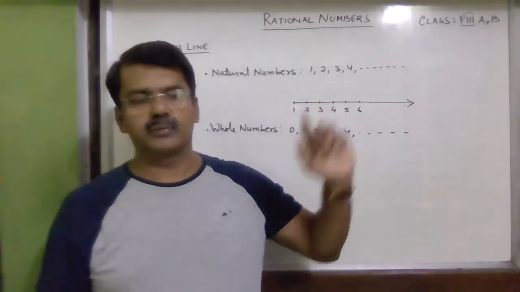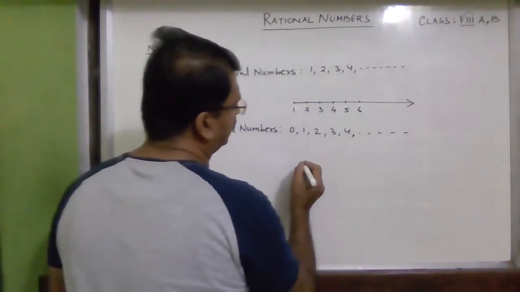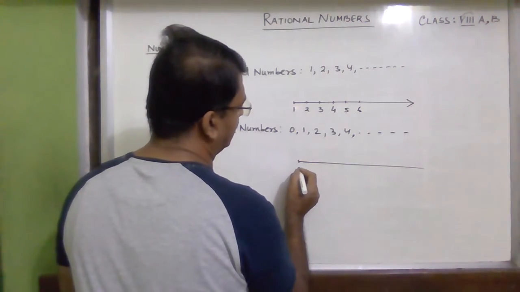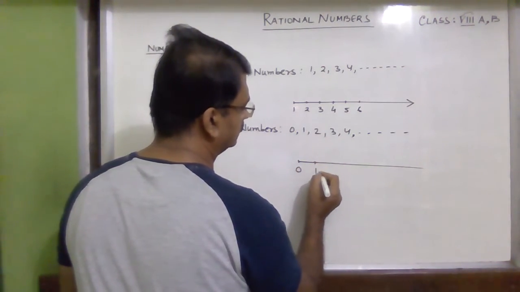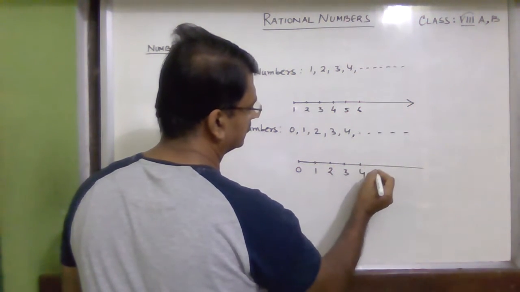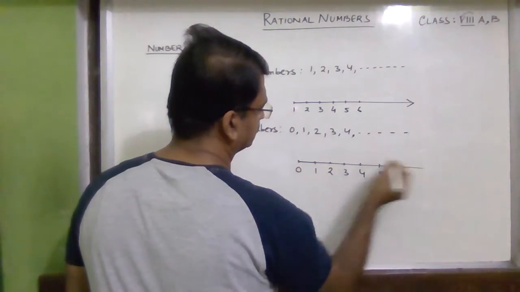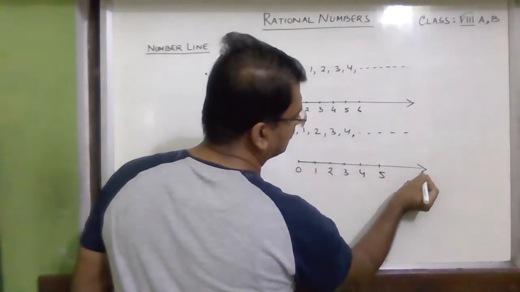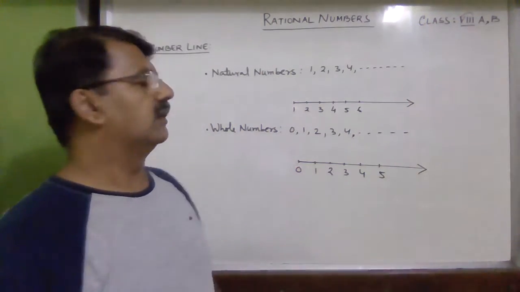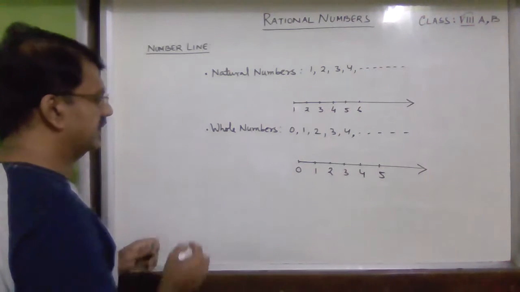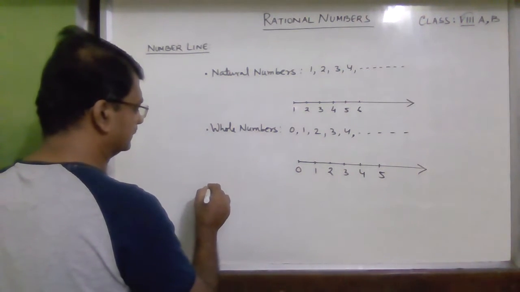So now if you draw the number line for whole numbers, it will start with 0, 1, 2, 3, 4, 5, and so on, and again there is an arrow which shows that it goes up to infinity. The next one is integers.